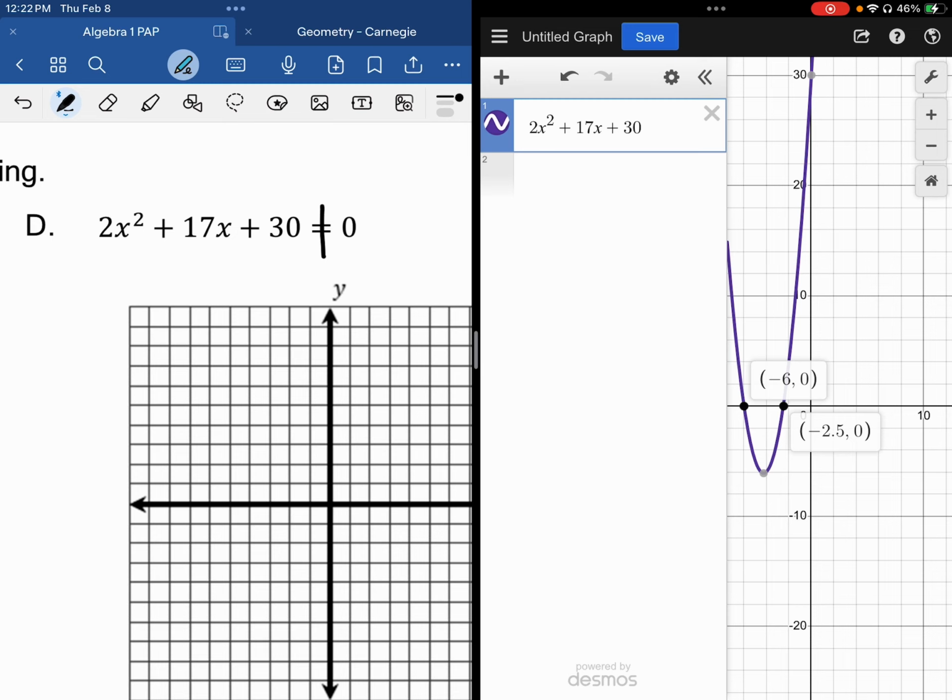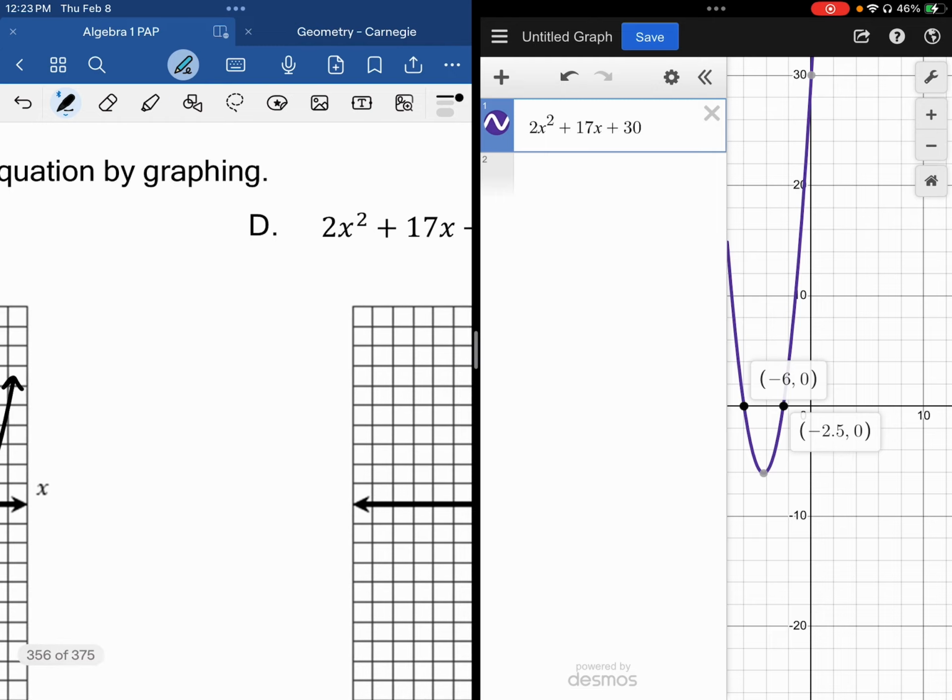And I'm going to have to guess because I'm going to have to zoom in and it's just not going to show me very easily. All right, so I'm going to go ahead and say that my x-intercepts are at negative 6 comma 0 and at negative 2.5 comma 0.